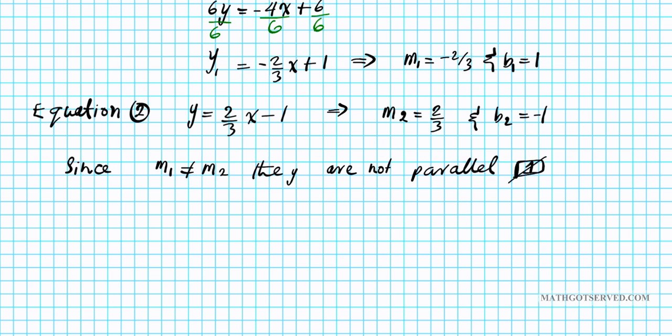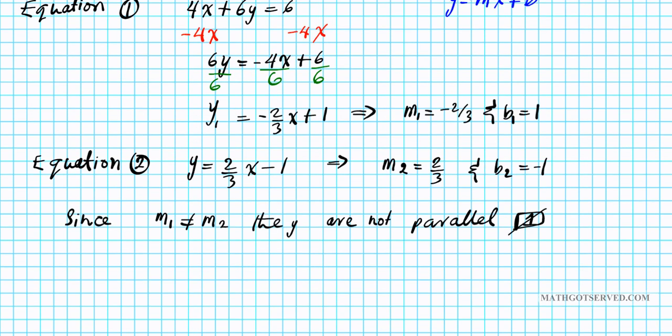Now how about the second option that has to do with them being identical? Are the M's and B's the same? Nope. M's are different and B's are different. Just looking at the two lines alone, they're not identical. That's sufficient to conclude that they're not the same line, because we put both of them in slope-intercept form and they look different.